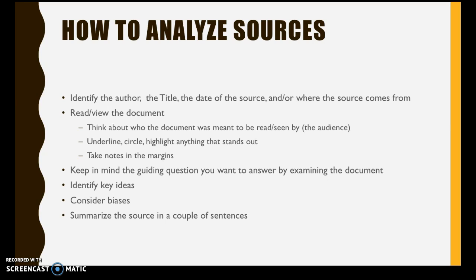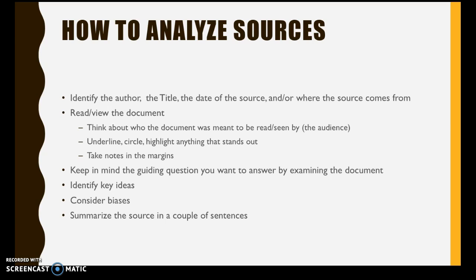After we've done that, the next thing we're going to do is read or view the document. When we do this, there's several things we're going to want to do. First, we're going to want to be thinking about who the document was meant to be seen by. So who is the audience that this document is intended for?